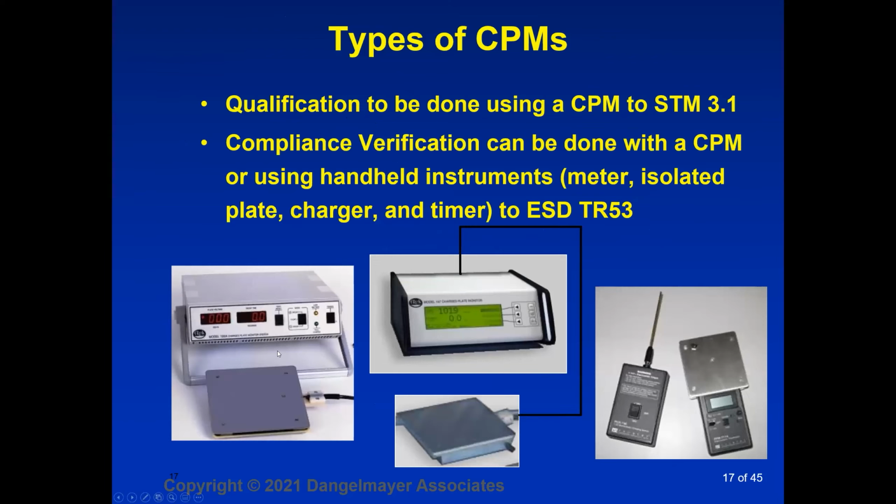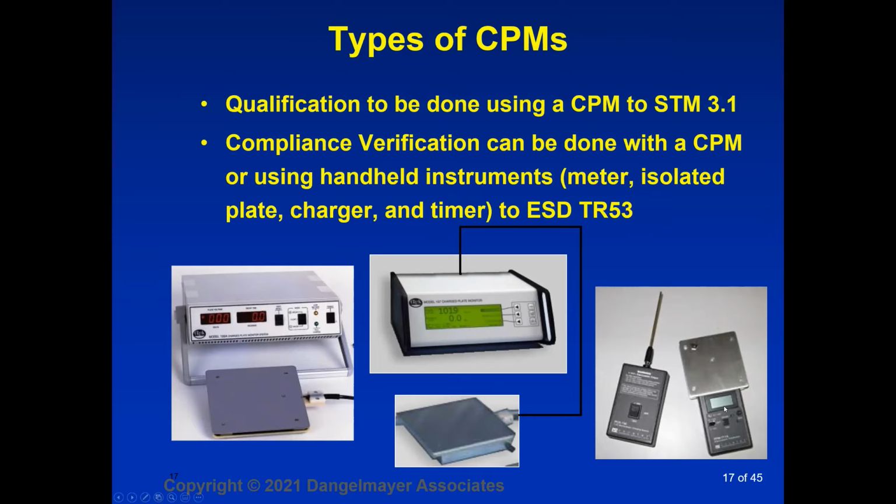Charge plate monitors come in many different types. You see here 2 full-size charge plate monitors. We have the 6-inch isolated plate, and then we have these portable charge monitors that make essentially the same measurement, but are portable. You can walk around in a factory with them very easily and do spot checking on your ionizers.